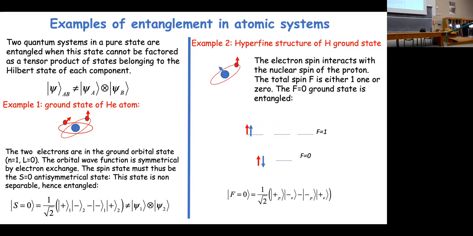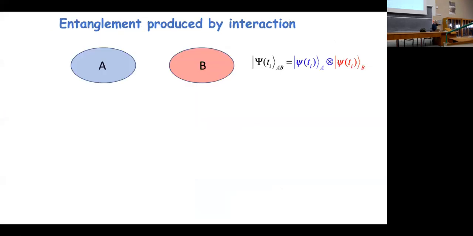In fact, the ground state corresponds to this state where the two spins are opposite, and this state is again an entangled state. So the ground state of hydrogen is the entangled state in which the proton is up and the electron is down, or the reverse. And this is due to the magnetic interaction. So this has been known for a very long time.